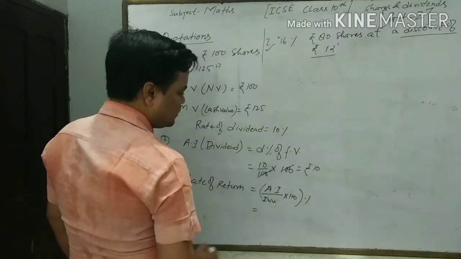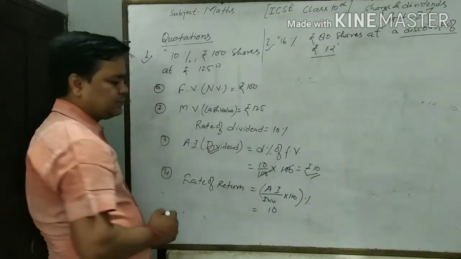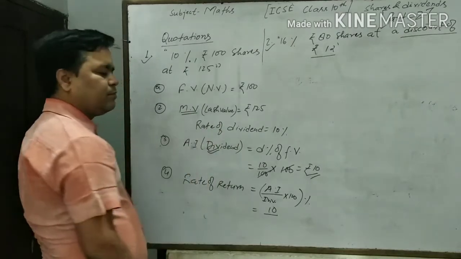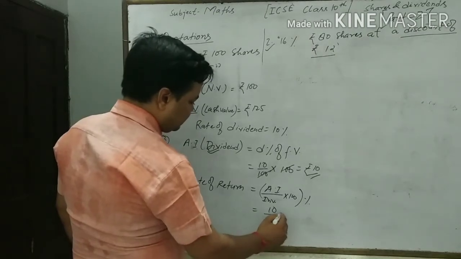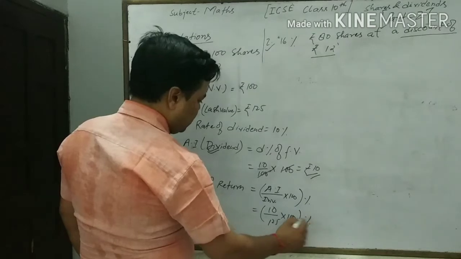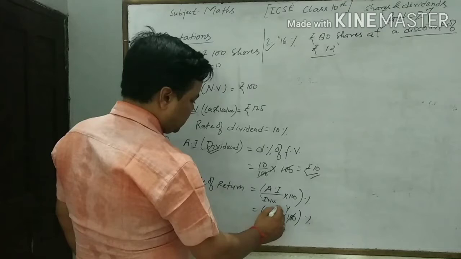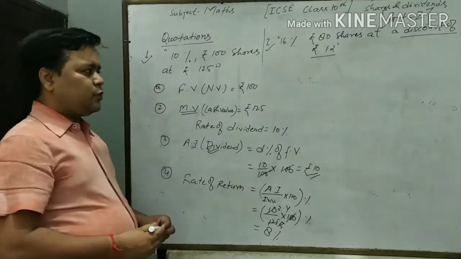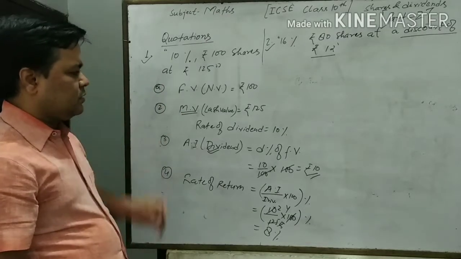Here annual income, the dividend, is 10 rupees, and the investment is the market value, that is 125, into 100 percent. If we calculate, 25 5s are 125, and 5 2s are 10, so the value will be 8%. In this way, we can calculate these values on the basis of this quotation.